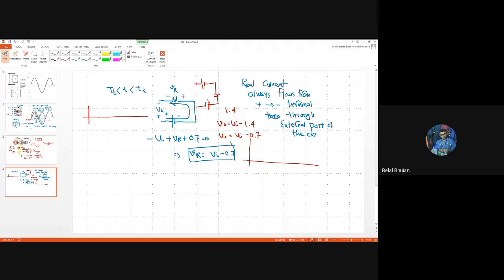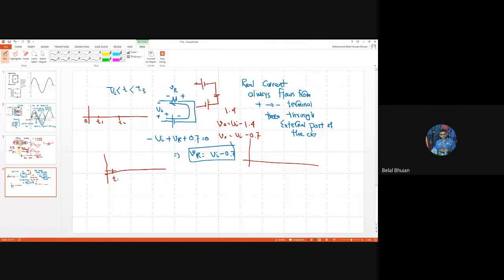In the full wave bridge rectifier, let me draw it here, as nicely as I can.